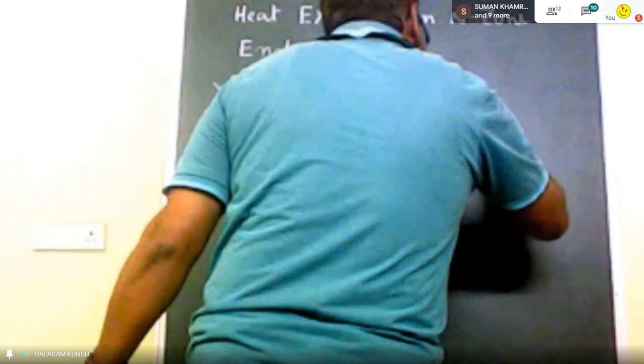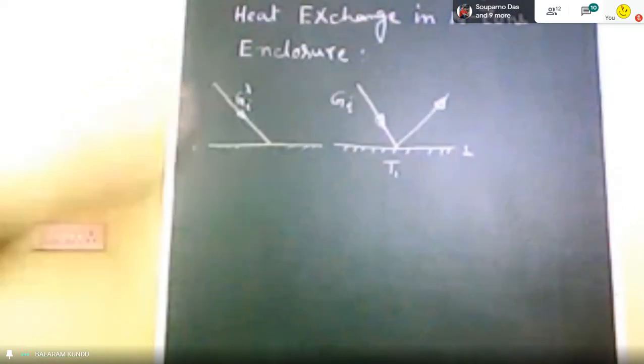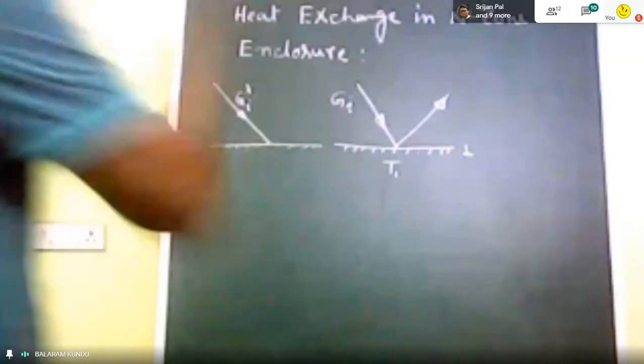This reflected flux is denoted by Gr, the reflected flux. A part of the incident flux will be reflected, and a part of the incident flux will be absorbed here.